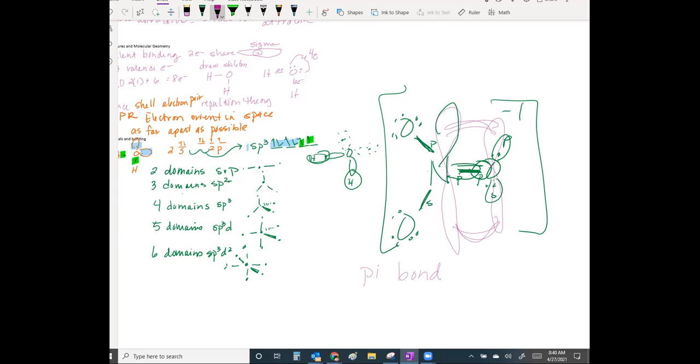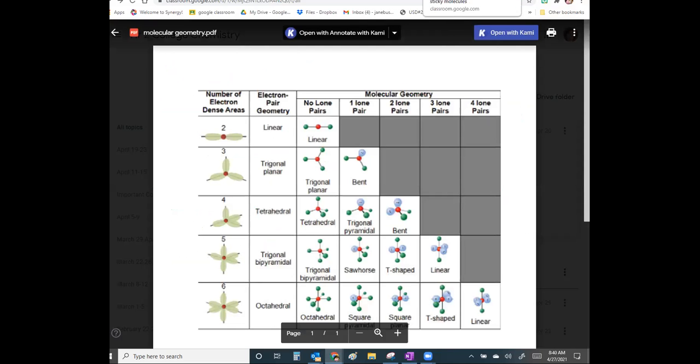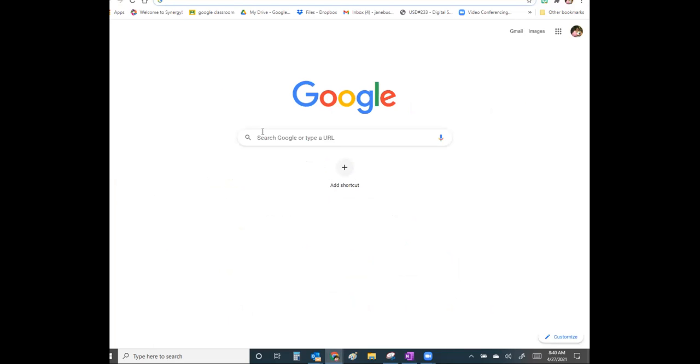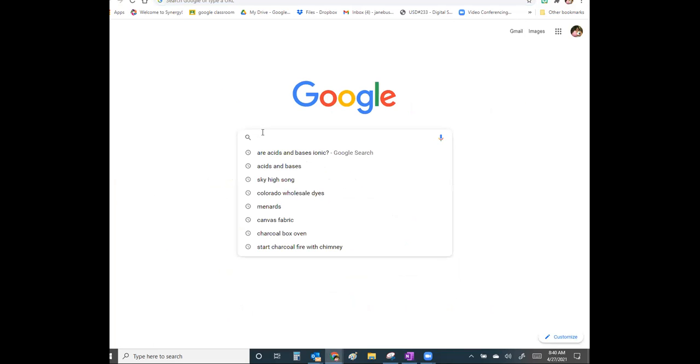And one of the questions on your chart asks you to identify geometries in molecules. Let's find a big molecule, shall we? Let's do, let me think.